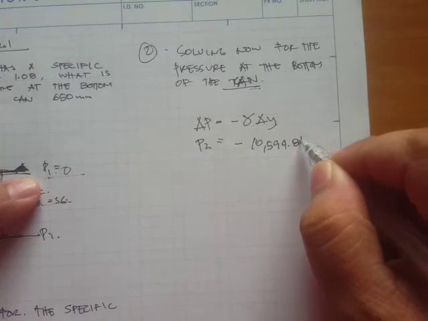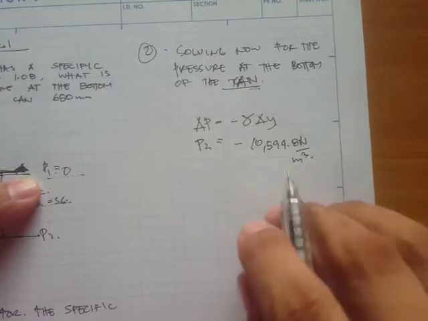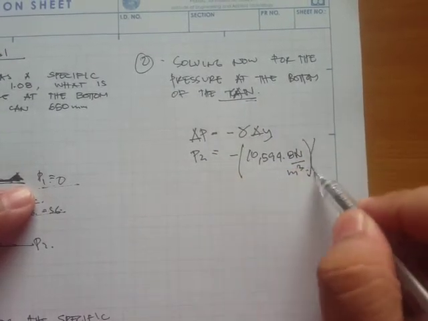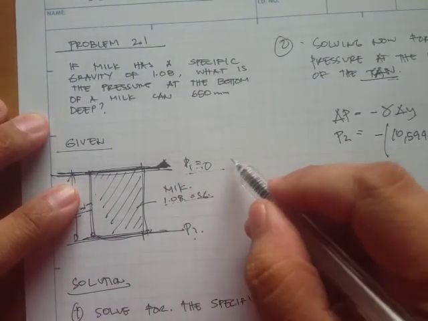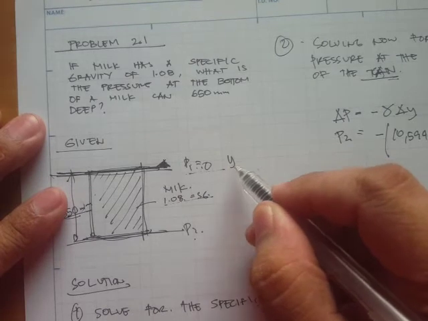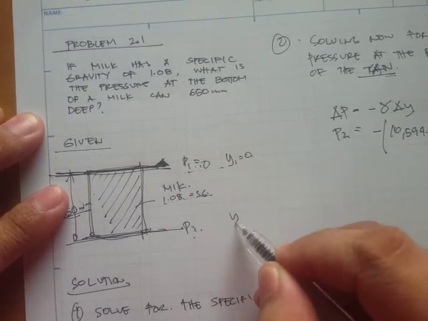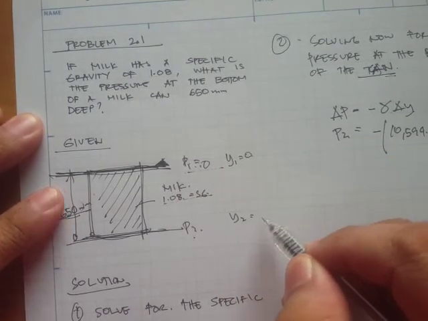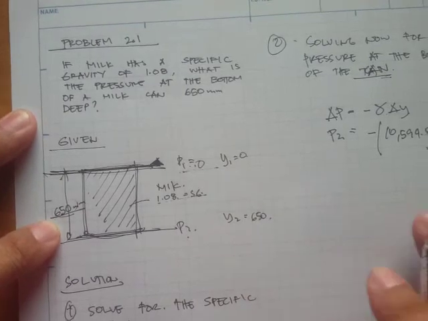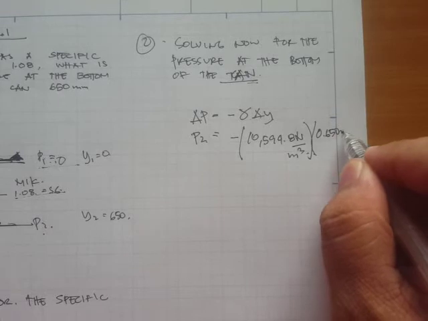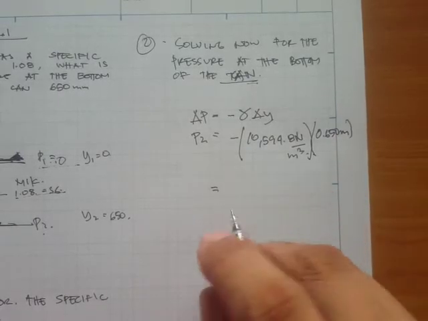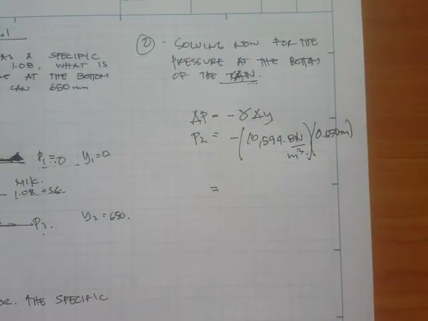Okay, so P sub 2 is negative 10,594.8 Newton per meter cube times the delta Y. If this is our point 1 and this is our point 2, then Y sub 1 is 0, and Y sub 2 is equal to 650, right, so 0.650 in meters.